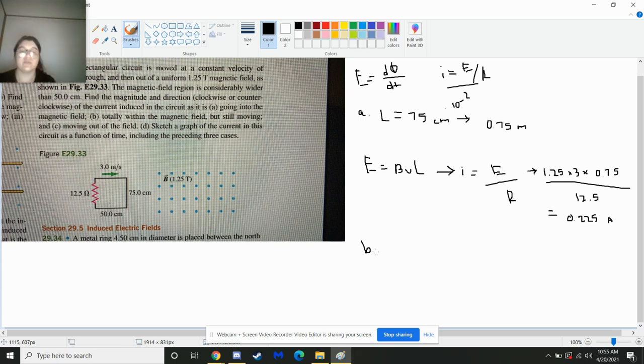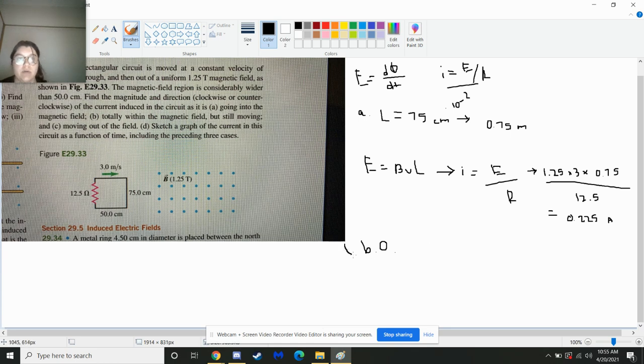If there's no change in flux, then obviously I equals E over R is going to be 0 as well. So this is just 0. This is really just a matter of knowing Lenz's law, so this doesn't really require that much work.